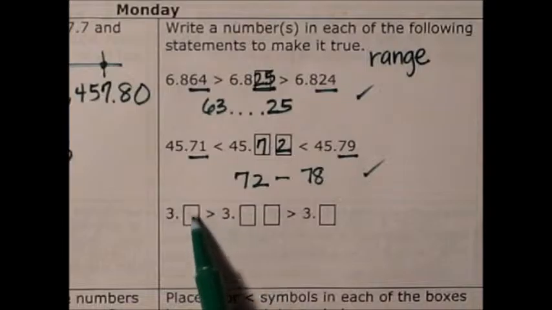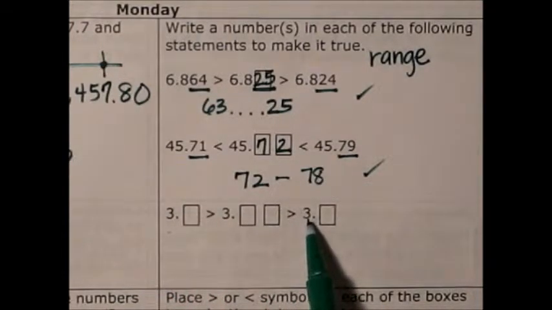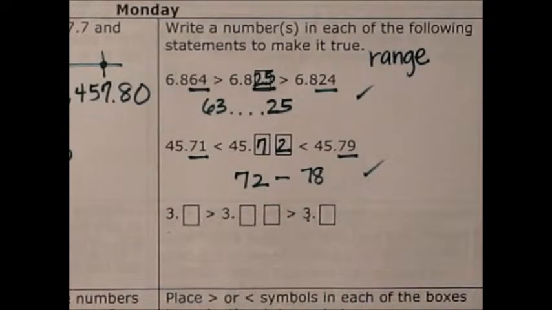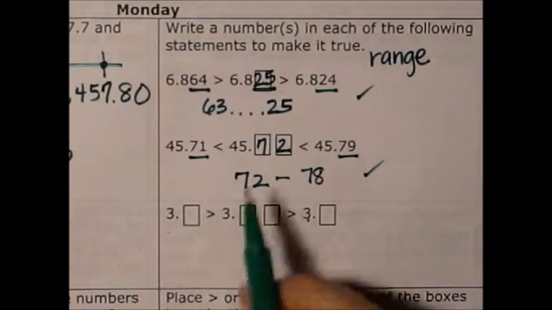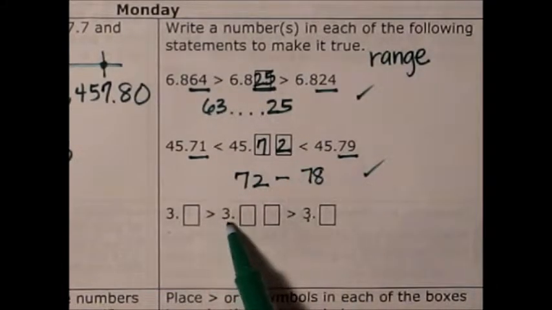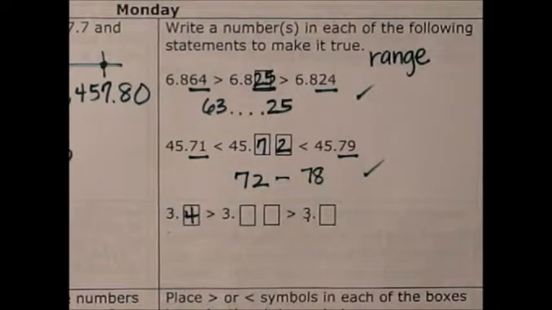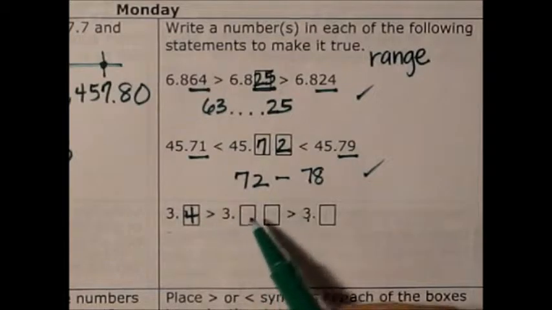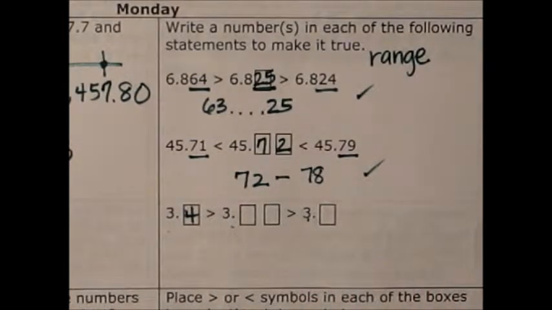So our last one, which is tricky, we just have a blank here: 3 with 2 place values, and 3 with 1 place value. I have 2 3s here, so I'm going to think about this. What is greater than 3? I'm just going to say 4. 4 is greater than 3. Now let's look at the next one, 3 with 2 place values greater than that. Honestly, it can be anything as long as it's true.